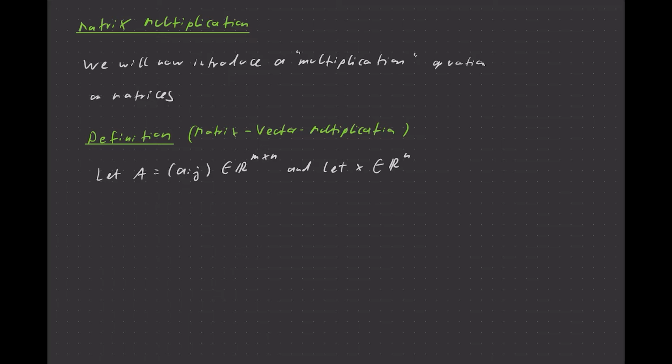You will notice one thing: this is n here and n here. That's the same. So this first n denotes the number of columns of A, and that second n denotes the number of rows of our vector x.